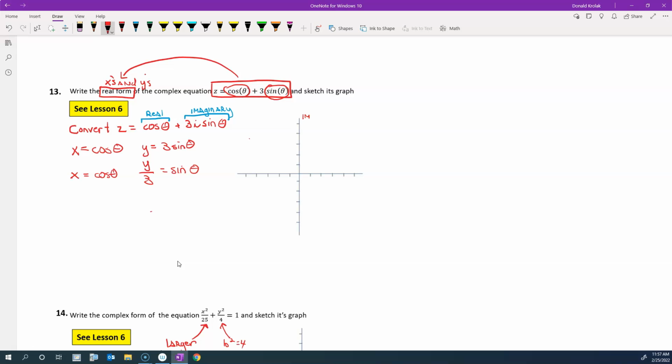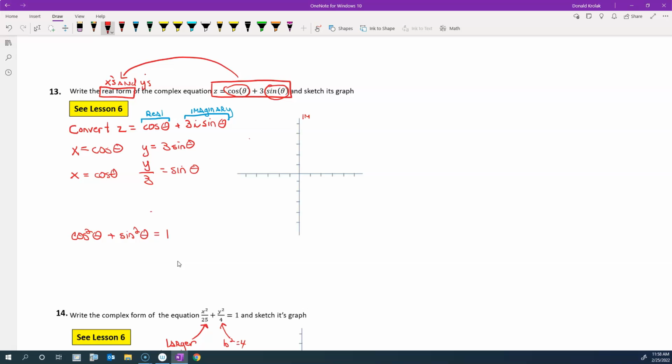Now the way I'm going to get these converted into x's and y's is I'm going to use the Pythagorean identity, that cosine squared plus sine squared equals 1.